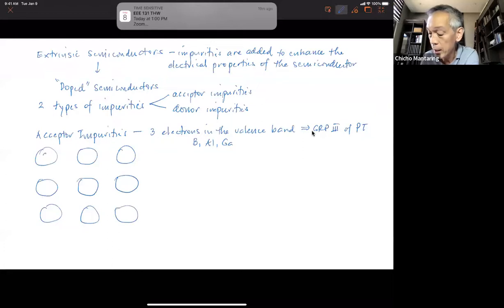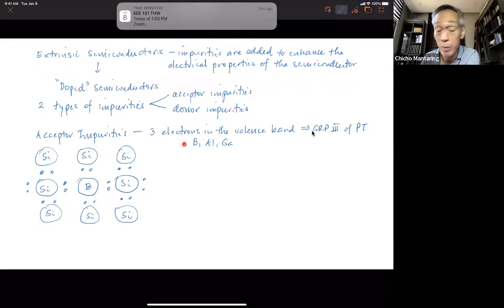Dati silicon lahat yan. And then you had your shared electrons in your covalent bonds. The acceptor impurity will lodge itself into the crystal structure. So in business silicon, ito for example, magiging boron.